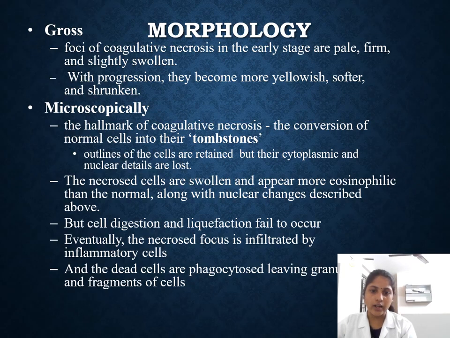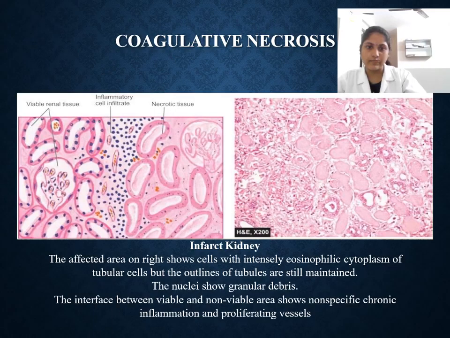The necrosed cells are swollen and appear more eosinophilic than normal, along with the nuclear changes described above, but the cell digestion and liquefaction fail to occur. Eventually, the necrosed focus is infiltrated by some inflammatory cells, and the dead cells are phagocytosed, leaving granular debris and fragments of the cells.